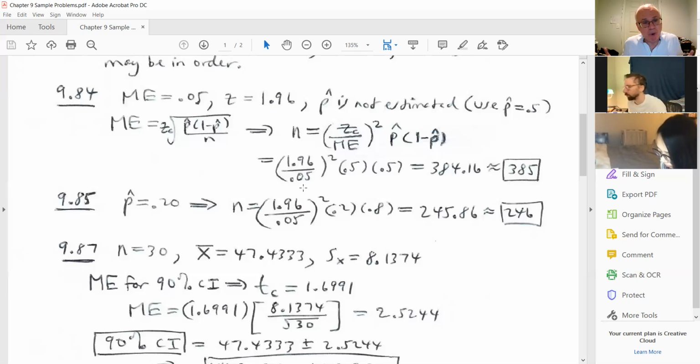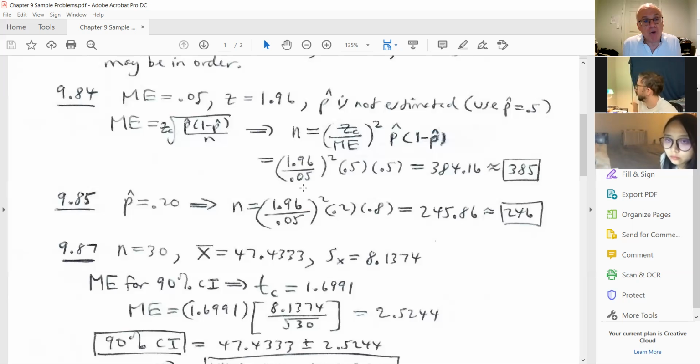I can give you more examples, but it's basically the same thing. You just need to know how to do it once. And again, open book, right? You don't have to memorize anything. You just plug in the numbers and you have your answer. You don't really need a spreadsheet for this. The only thing you might want to use a spreadsheet for, obviously, is to get the critical value.